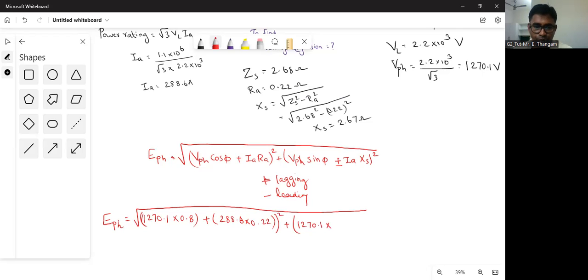If cos phi is 0.8, sin phi is 0.6. Cos inverse of 0.8 is 36.86, and sin 36.86 gives 0.6. Since we are calculating for lagging power factor, we substitute plus IA 288.6 into XS. What is XS?